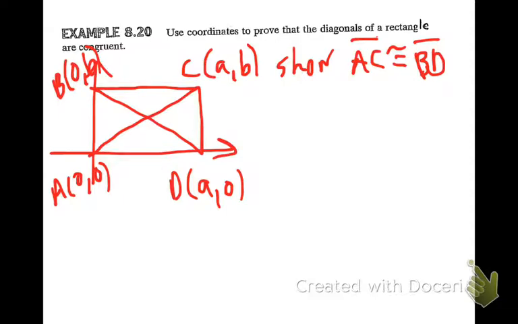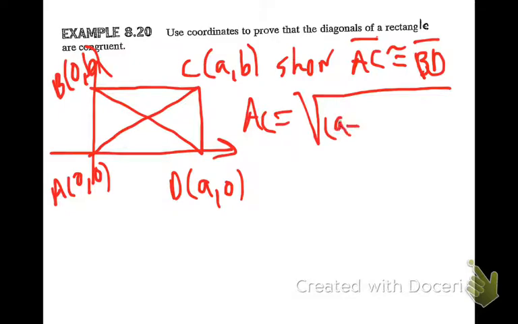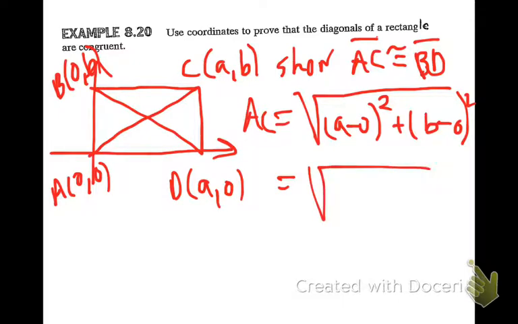So I'm going to find the distance of AC. I do the distance formula on the coordinates for AC. We would have the square root of A minus 0 squared plus B minus 0 squared. So that's going to equal the square root of A squared plus B squared. Then we do BD.